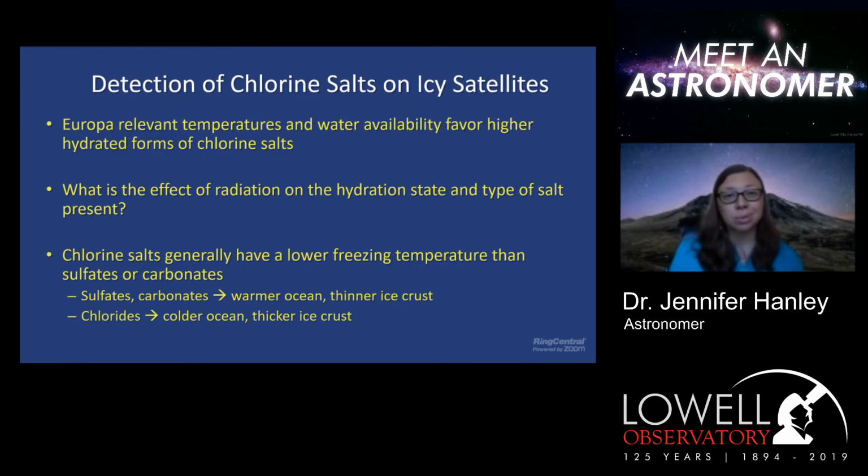This is kind of a catch-22 for us, because we really want to see this extended range of liquids, right? We want liquids all the way down to these really cold temperatures that we see in the outer solar system. But can life survive that? Are the conditions that get to that liquid habitable?